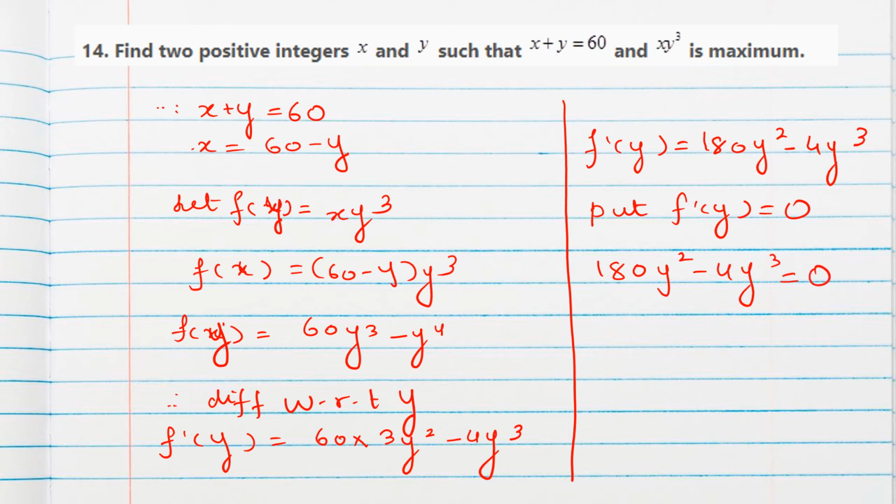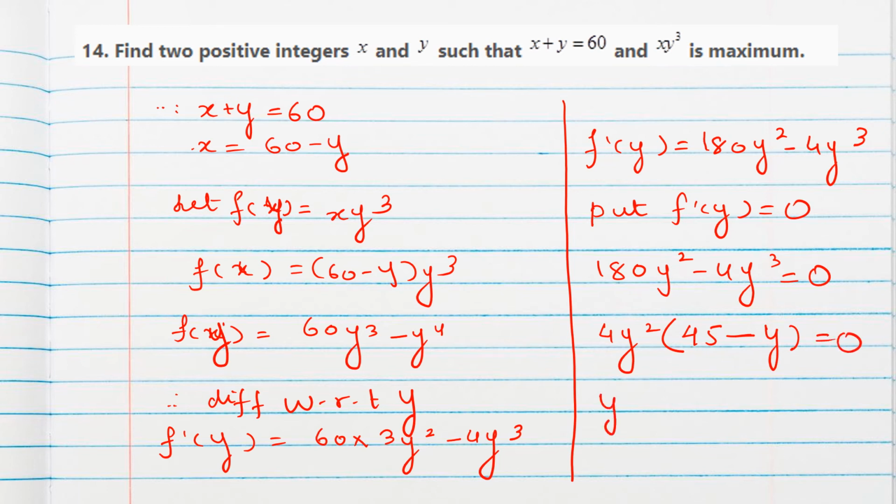Now see, 4 you can take common, and y square also. If you take 4 common, 180 by 4 will give 45. And y square I took common, so nothing is left there, 45 only. Then minus, here I took 4 and y square common, so y will be left, equal to 0.